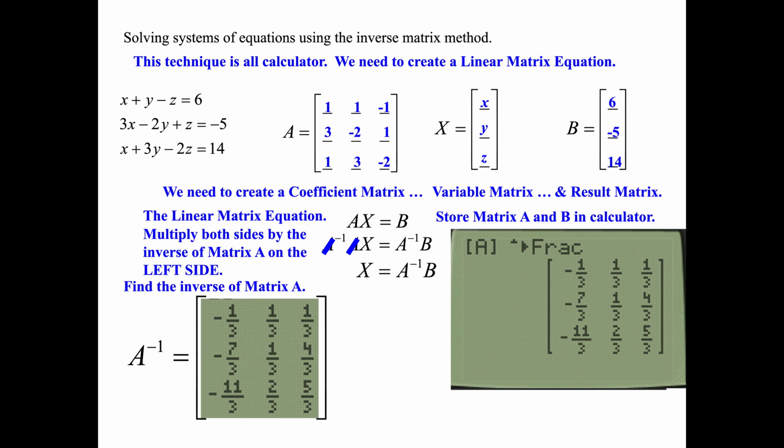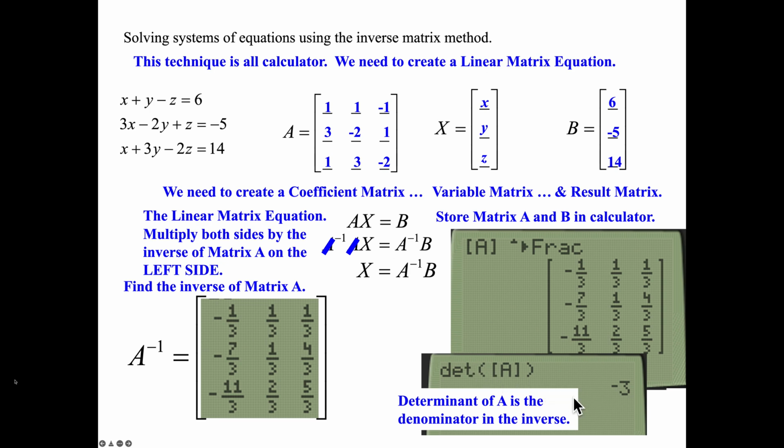Now, remember I said earlier, this is the same coefficient matrix that we used with Cramer's rule. So if you take the determinant of matrix A, that's that same -3 that we put in the denominator in Cramer's rule. So again, that -3 is occurring in all these denominators here.